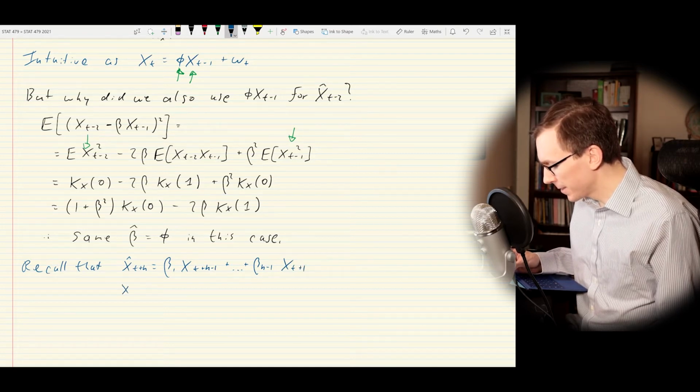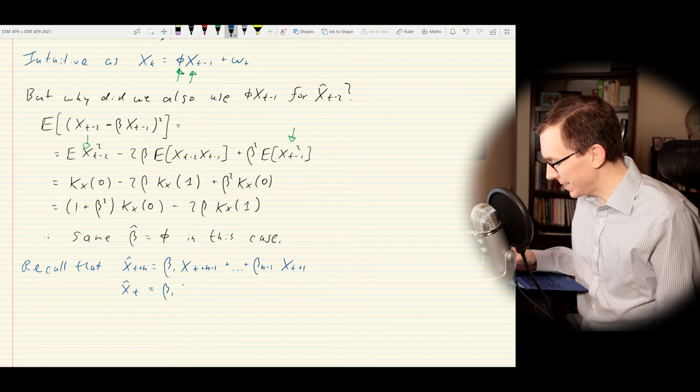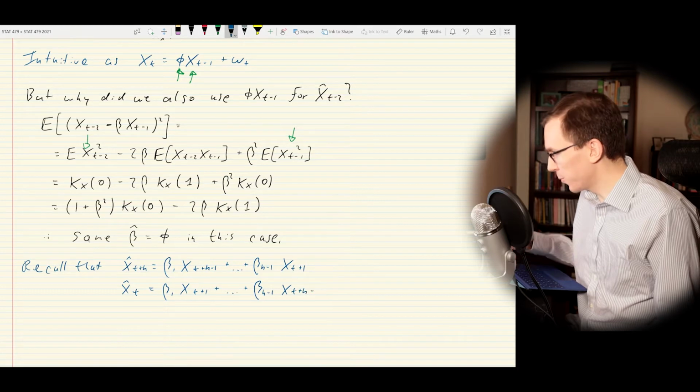And over here, we would have x_t, and I claimed from last time without actually explaining it that we would have the exact same coefficients here. We're just going in reverse order, up to x_{t+h-1}.